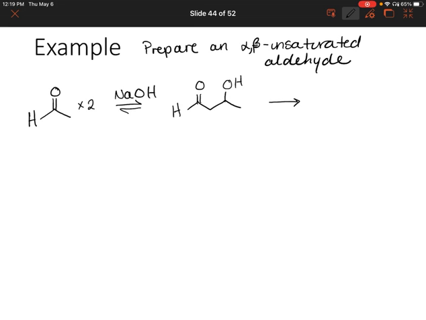Then we're going to use heat to give us our alpha beta unsaturated aldehyde. You could really use any aldehyde here, but remember we use that aldol condensation reaction. Okay, so now let's look at two different nucleophiles and how they would interact with this alpha beta unsaturated aldehyde.